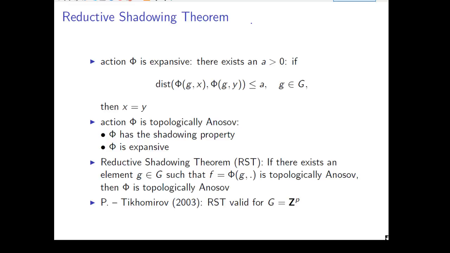This is just standard expansivity in this language. And it is said that the action phi is topologically hyperbolic if it has the shadowing property and is expansive. This is also a standard definition in the case of homeomorphisms, in the case of actions of the group of integers.